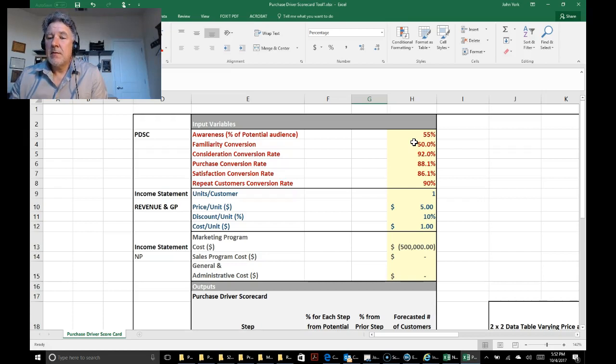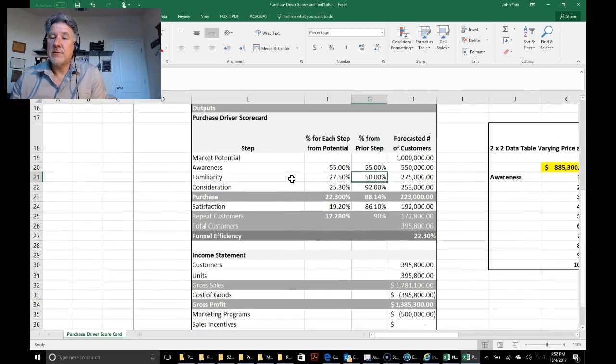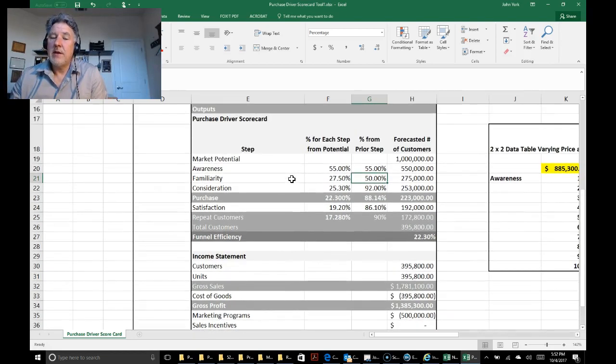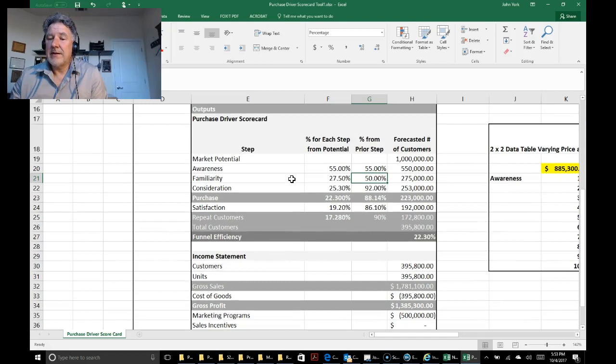Okay, but what we do see is consideration. Once we get them into consideration, we see the rates of conversion are pretty good. And what's really impressive is getting satisfaction as well as repeat customers. So this way you start thinking strategically in terms of how can I manipulate certain parts of the funnel to improve its efficiency. All right, so hopefully you're following here.